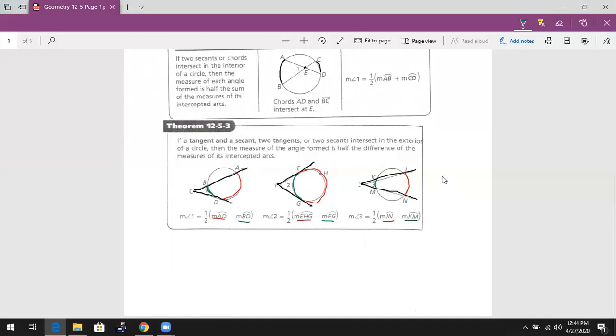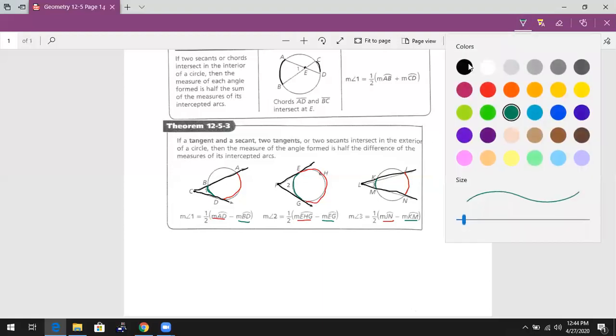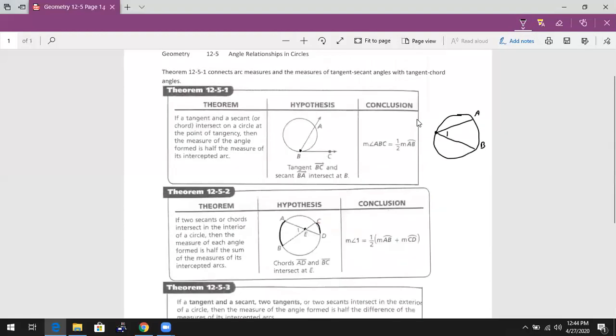So it doesn't really matter if these are tangents intersecting or secants or one of each. The measure of the angle is half the big arc it intercepts minus the small arc that it intercepts.